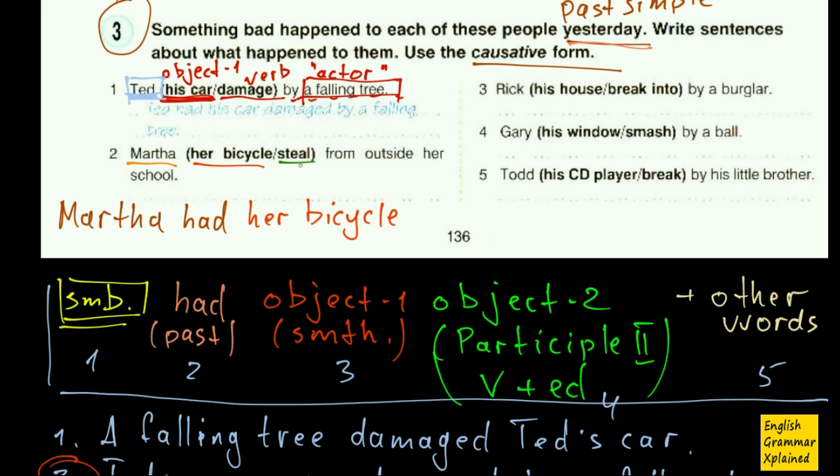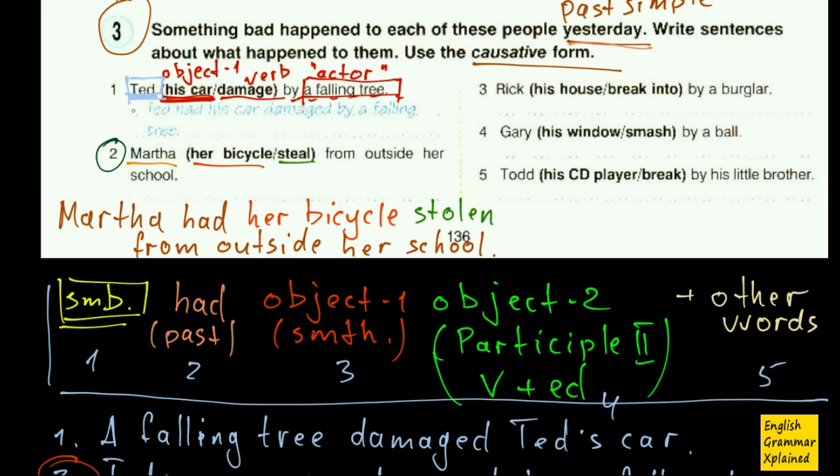Steal is an irregular verb, so it has a form of stolen. The third column of the irregular verbs table, or past participle, whatever you call it, stolen, anyway. And then all other words. From outside her school.